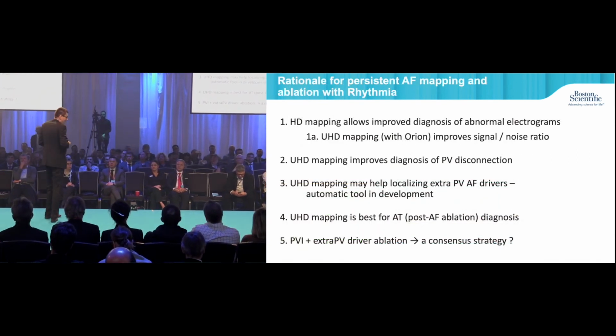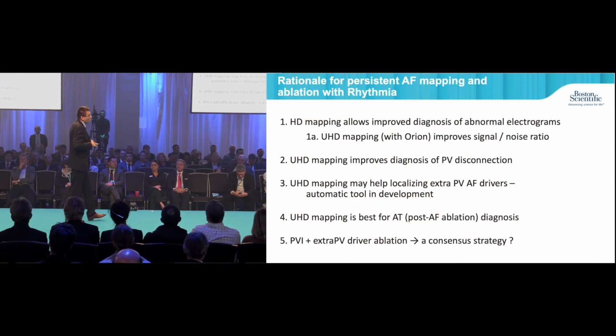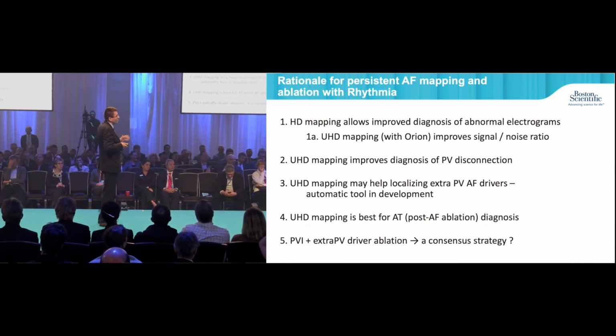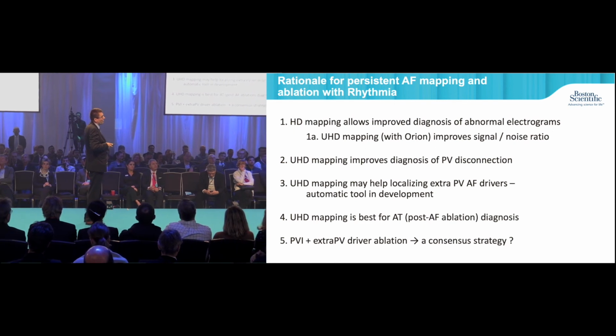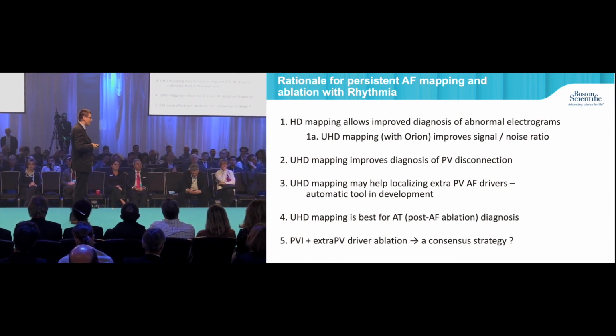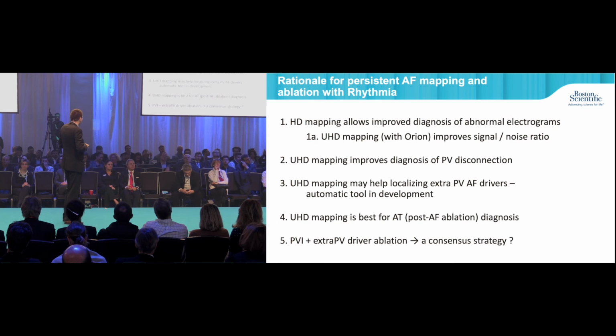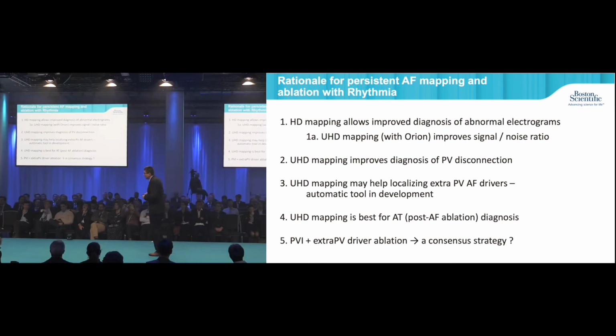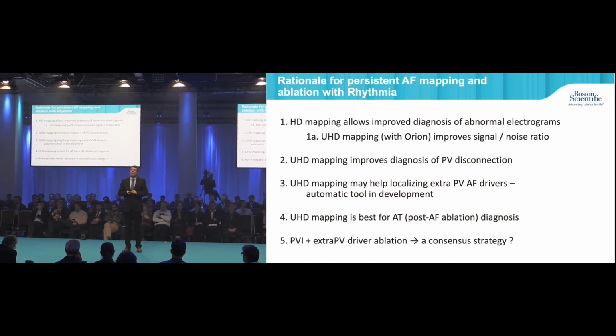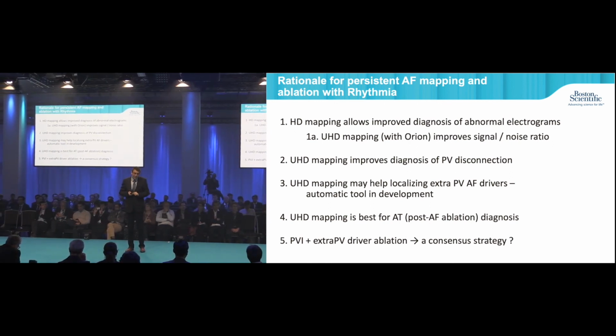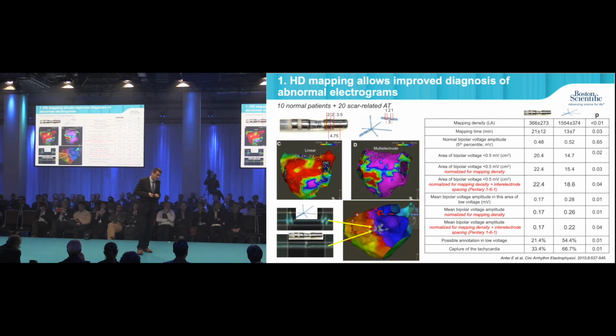I would like to spend the last minute and a half just to develop in 5 arguments the rationale for persistent AF mapping and ablation with the arrhythmia system. First of all, and this has always been emphasized by Professor Meyer, HD mapping allows improved diagnosis of abnormal electrograms.